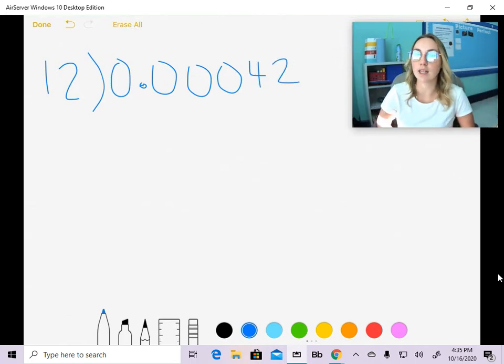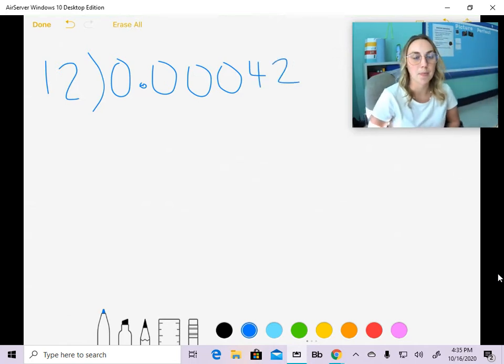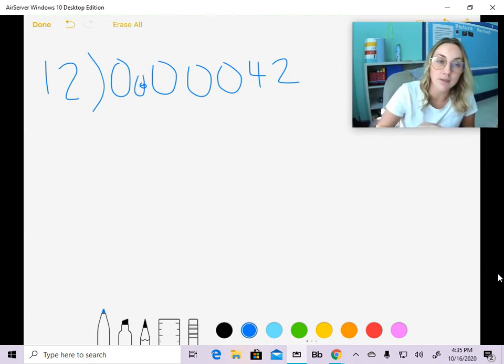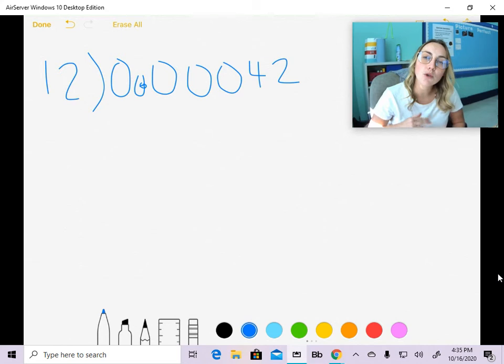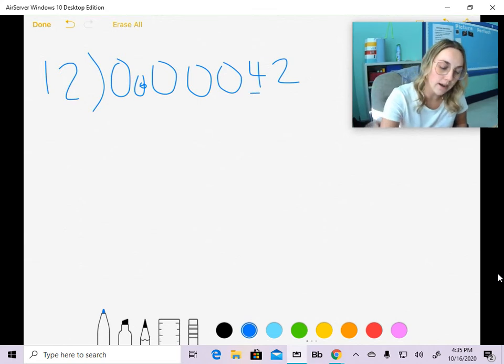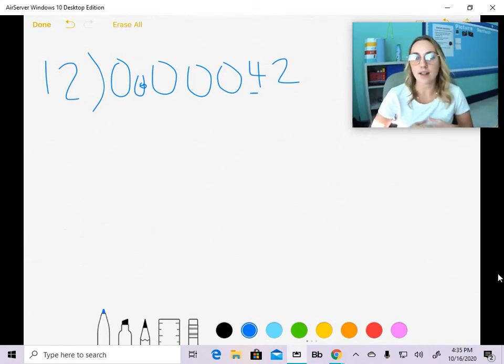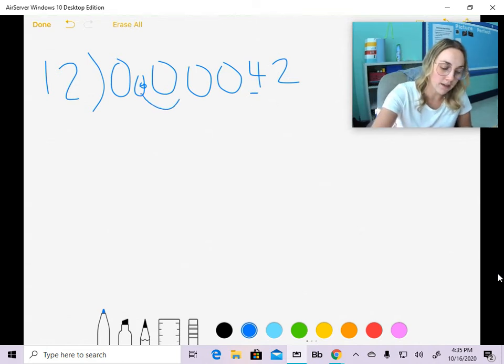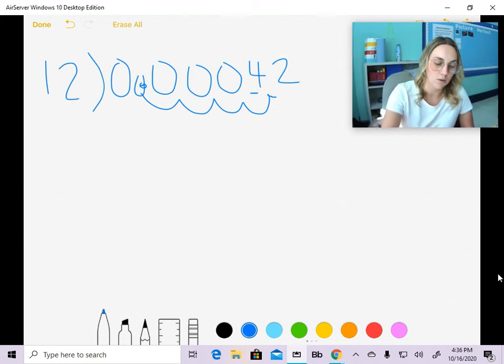We want to turn this into scientific notation. Okay? So we have to first locate the decimal. It's already here for us. It's right here. Okay? And then again, we want to move the decimal to where there's only one number on the left side of that decimal. So let's go ahead and do that. We're going to move it 1, 2, 3, 4 times. Okay? 1, 2, 3, 4 times.